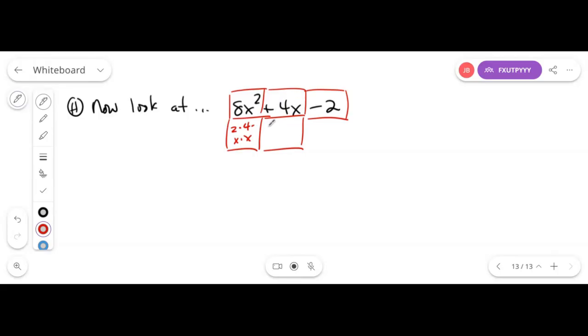This box has 2 times 2 times x. This box has 2 times negative 1, because I need the same number.